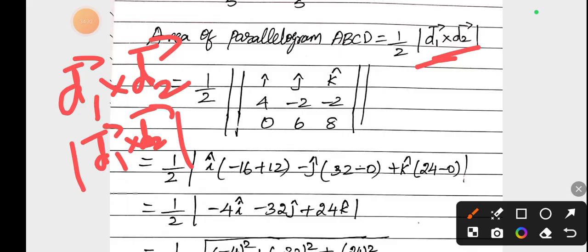But the people, they are not doing it separately because they feel they may forget. So they are writing half and putting 2 lines, one for the determinant and one for the magnitude. So they are doing i cap minus 2 into 8 minus 16, formula minus plus 12.